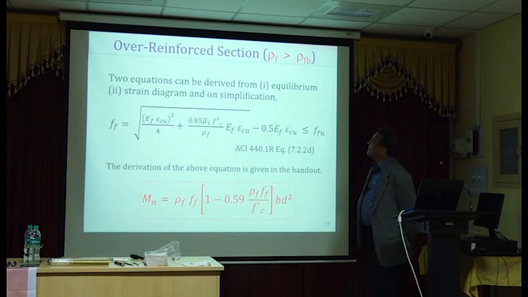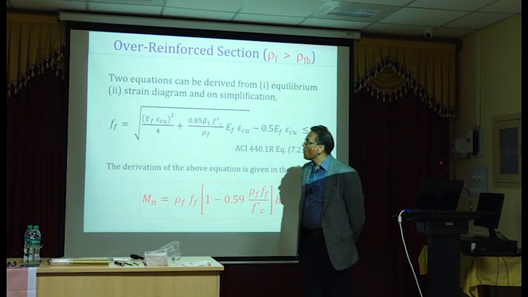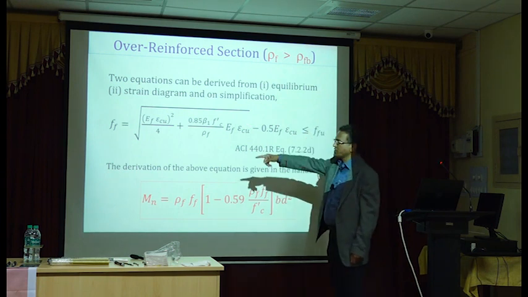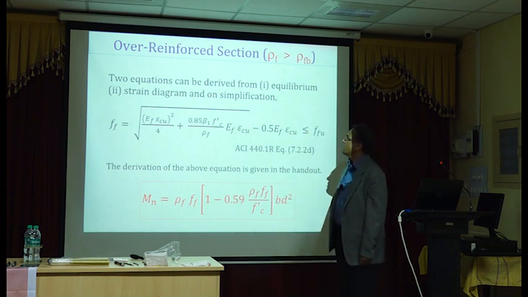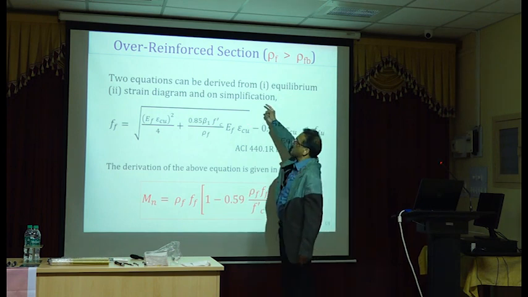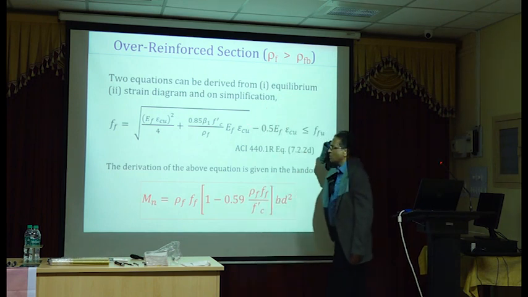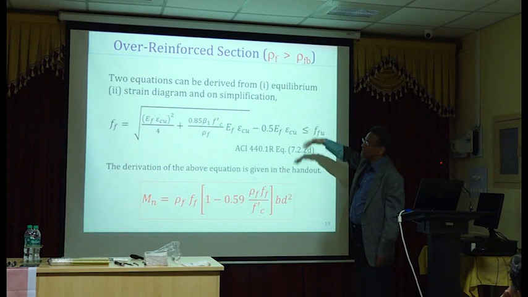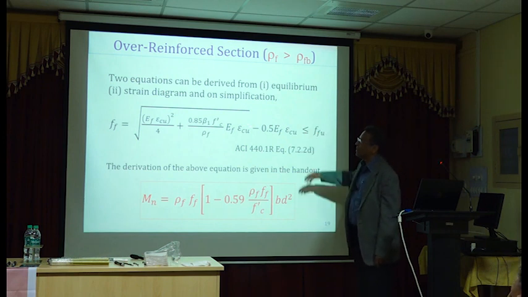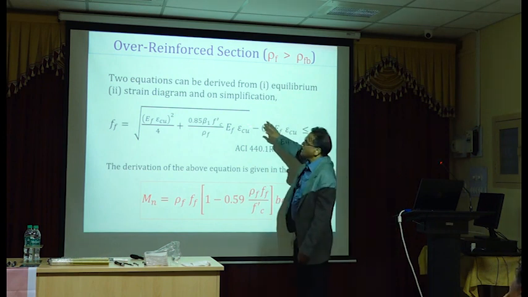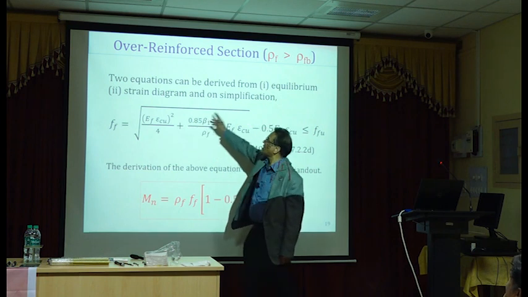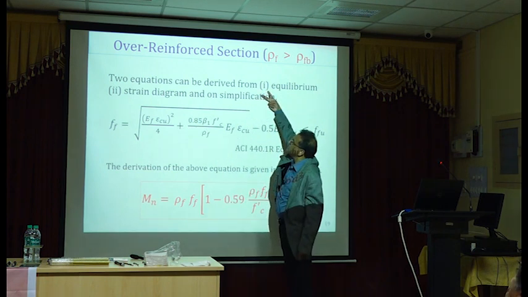So we can derive two equations for a section. One is based on equilibrium, which we did just now. The other one is from the strain diagram. I haven't given you the derivation of this, but you can quite easily derive this based on these two conditions.